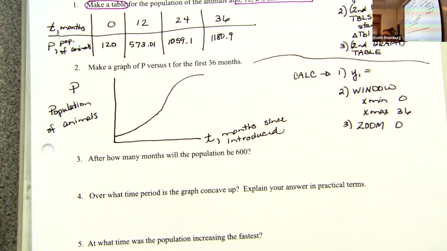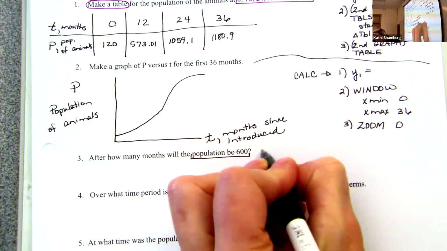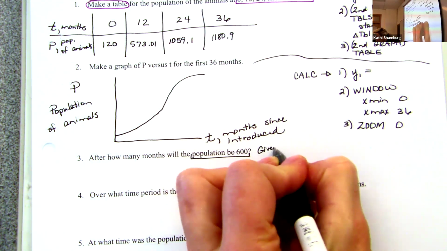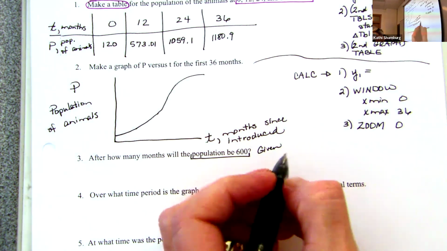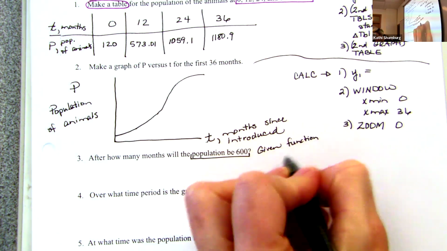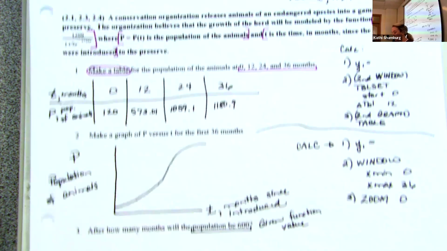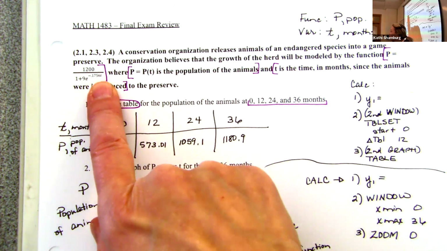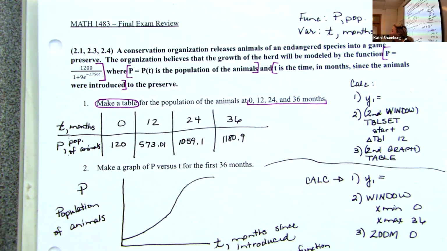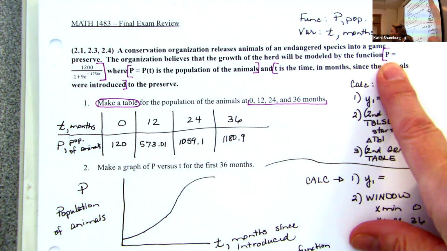Okay, after how many months will the population be 600? What's given? Function value. So am I going to come up here to my equation and where the t is, am I going to put 600? No, that's your variable. We're given the function value, which is p.